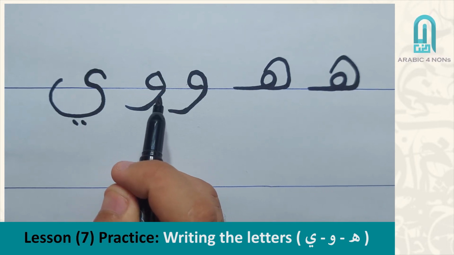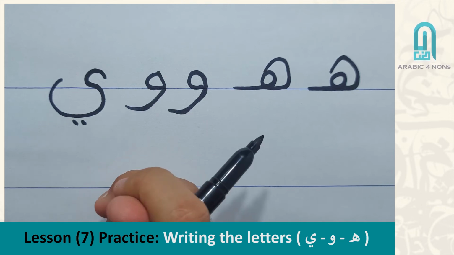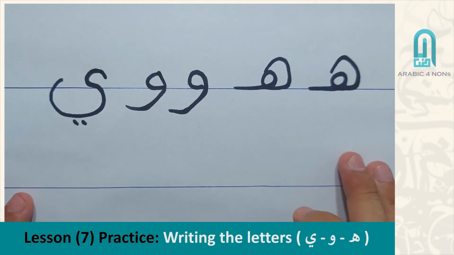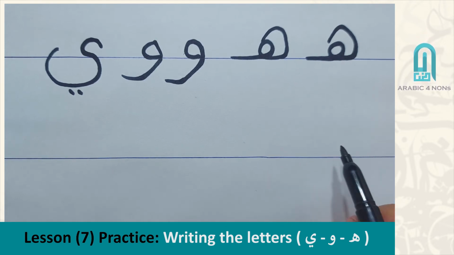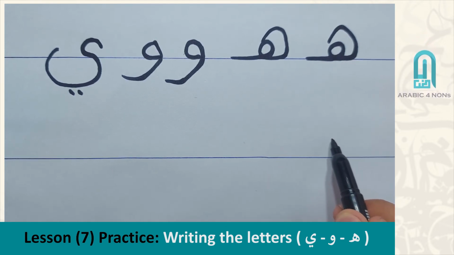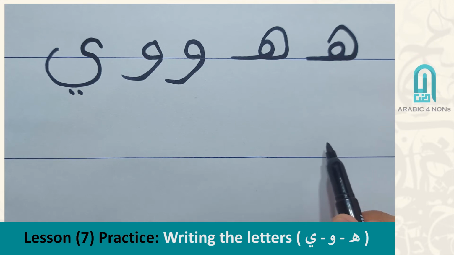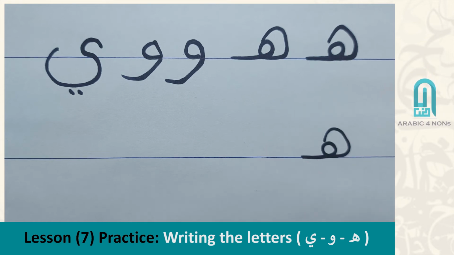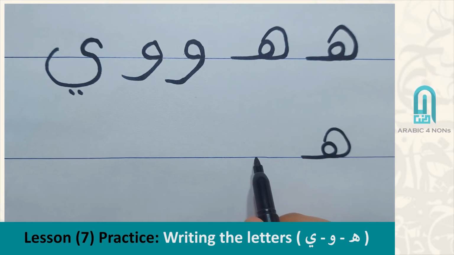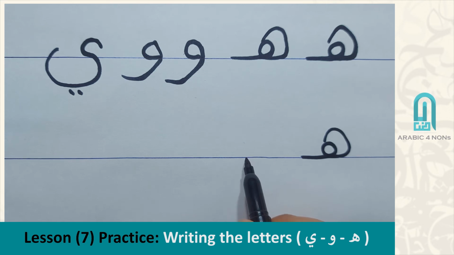Whenever I do it slowly, I used to make mistakes, but let me try again. Okay, the first letter he, will start from up, an outer cycle, and then an inner cycle. I will do it all in one shot, like this. Letter we, I will start from the standard line itself.